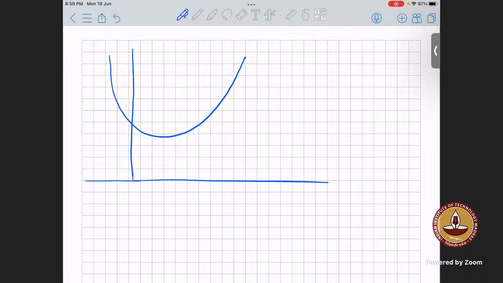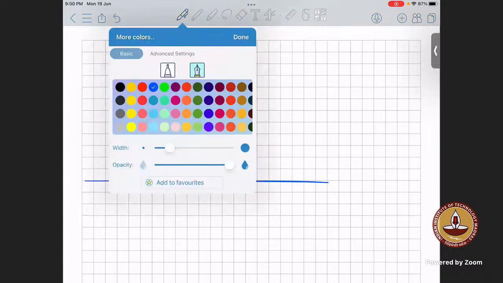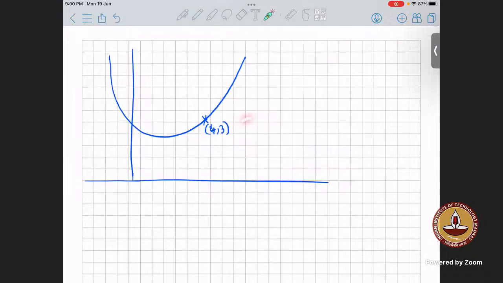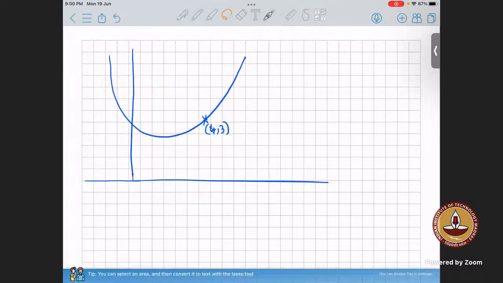Now, you find the slope at this point, let's say 4 comma 3. What does the slope mean?